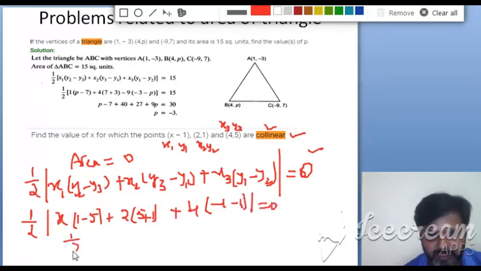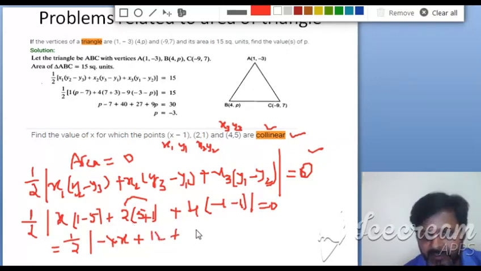So this is equal to half into 1 minus 5, which is minus 4, into x is minus 4x, plus 5 plus 1 is 6. 6 times 2 is 12, plus 4 into minus 1 is minus 2. Minus 2 into 4, I will directly write as minus 8, which is nothing but 0.